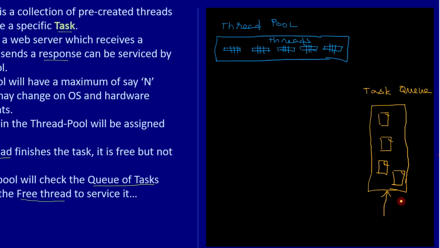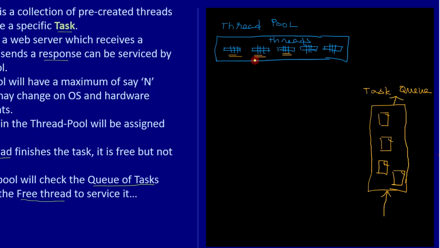It will be added to by the external world and picked by the thread pool. Whenever a new task enters, or in our example, if we take a web request, a new web request comes and stays on the task queue. So if you see here in this picture, we have 4 tasks in the queue, and let's say these threads are engaged already and only 2 threads are free.